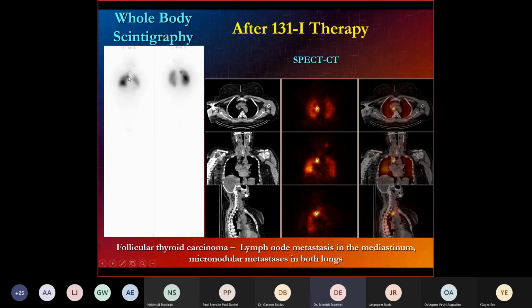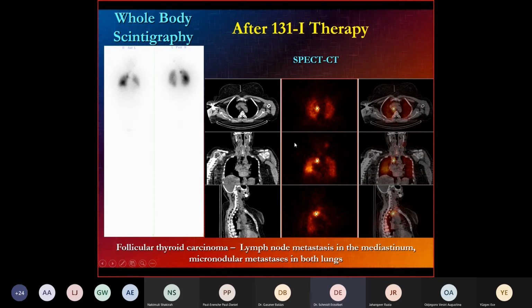You can see on the right side a circumscribed accumulation and diffuse high activity in both lungs.